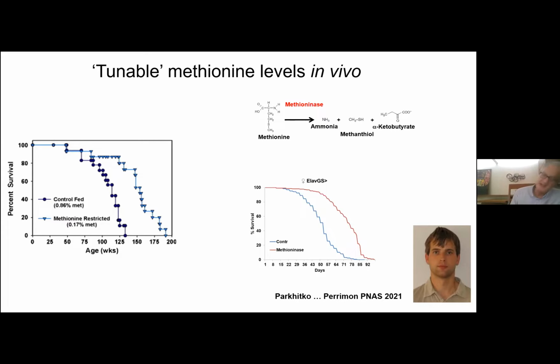Shown on the bottom here is the expression of methioninase in the brain of flies, which recapitulated the life-extending effects of a methionine-free diet, suggesting that a reduction of methionine in the brain was sufficient to extend life of these animals.